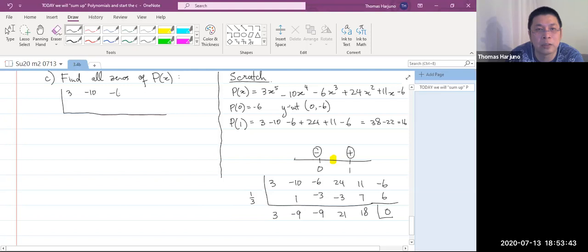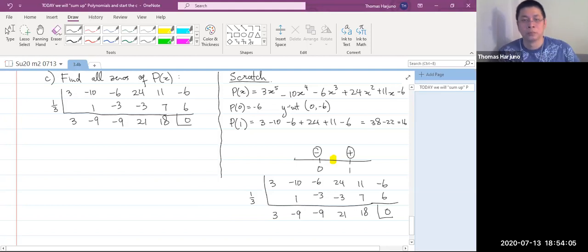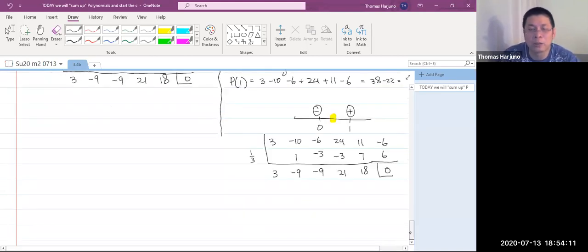3, negative 10, negative 6, 24, 11, negative 6. I'm supposed to copy that, but let me just redo it again in case I make a miscomputation. Now notice that I can factor a 3 out, right?